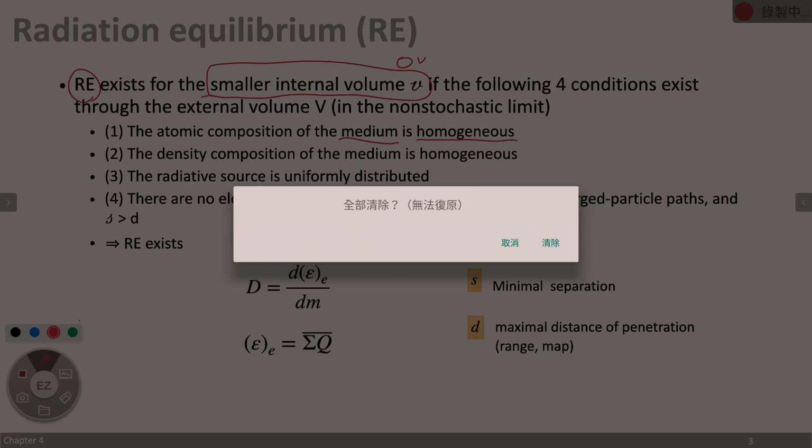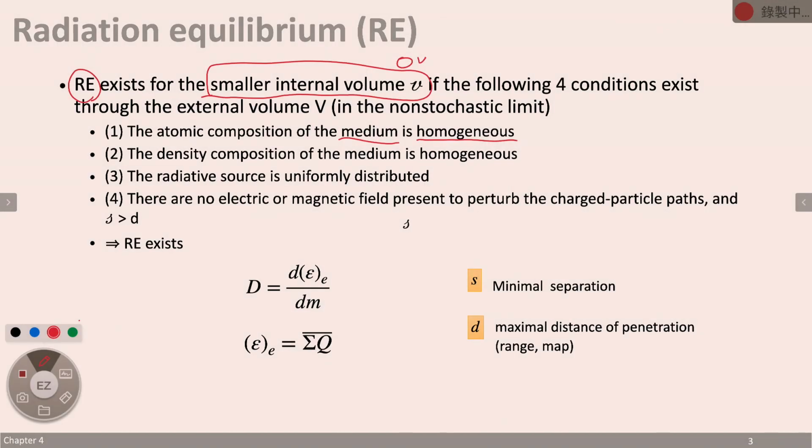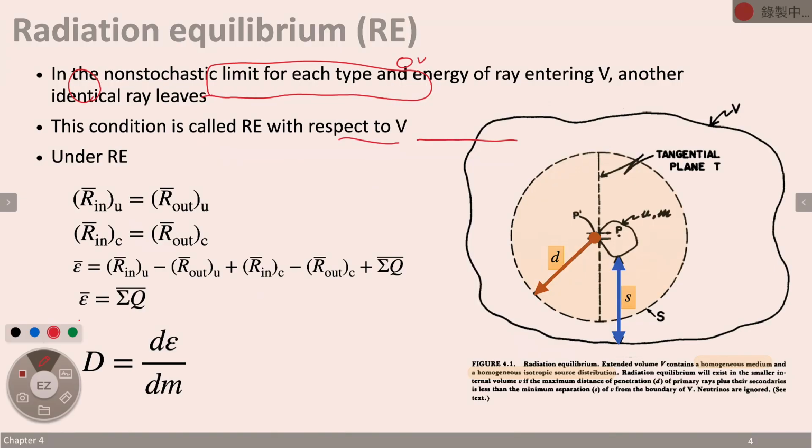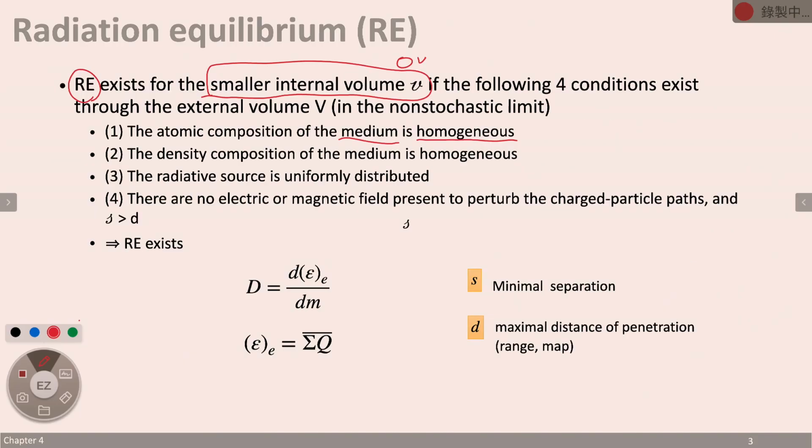I think you should refer to this figure. It mentions the volume here, and then it is homogeneous. What is this kind of homogeneous?